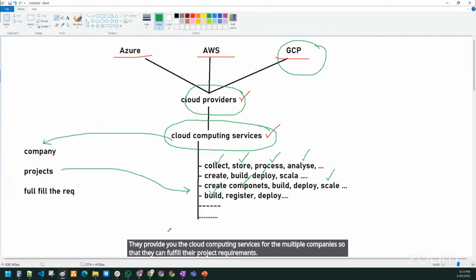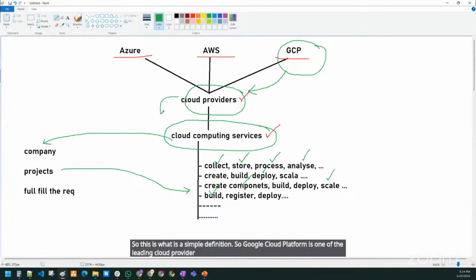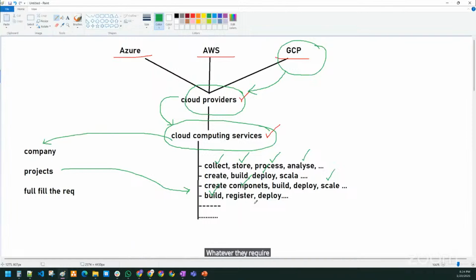So this is a simple definition. Google Cloud Platform is one of the leading cloud providers which provides cloud computing services that are very useful for organizations to build the application, deploy the application, or collect the data, store the data, process the data, whatever they require to fulfill their project requirements. So that is what Google Cloud Platform is, everyone.